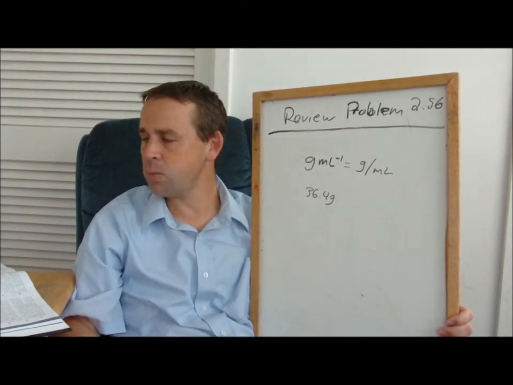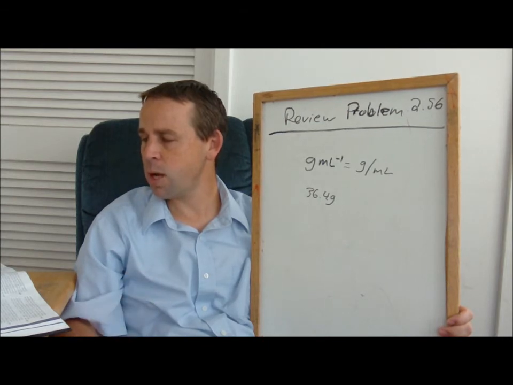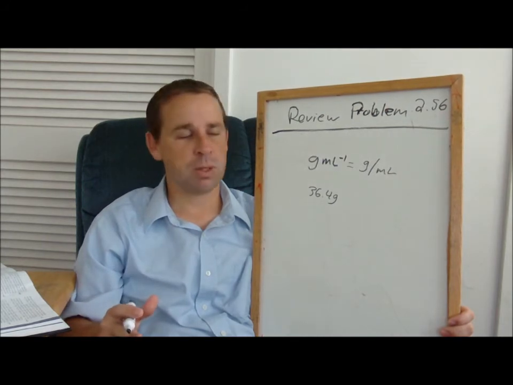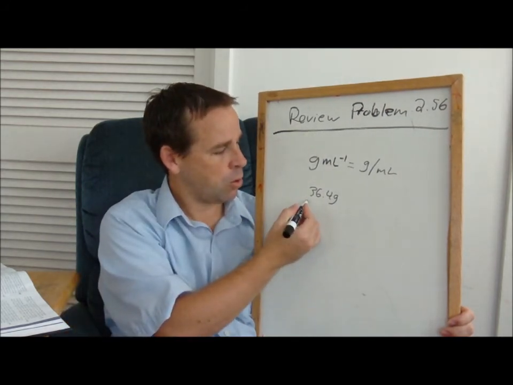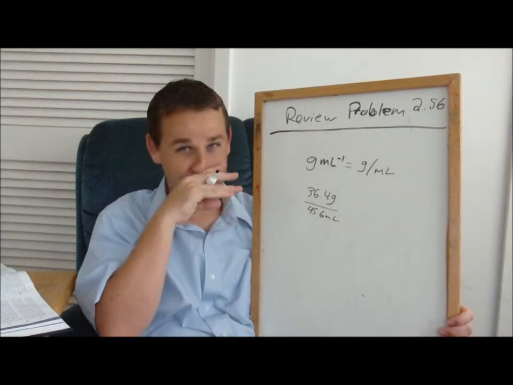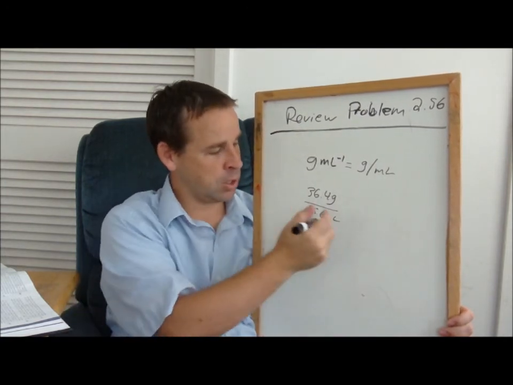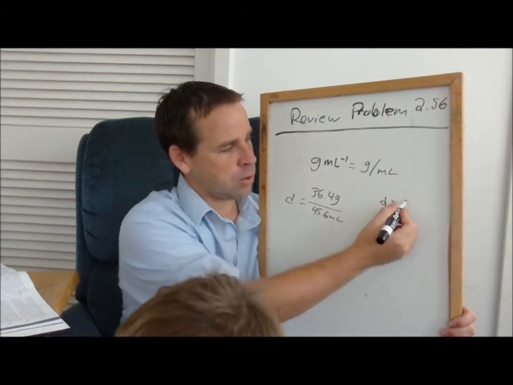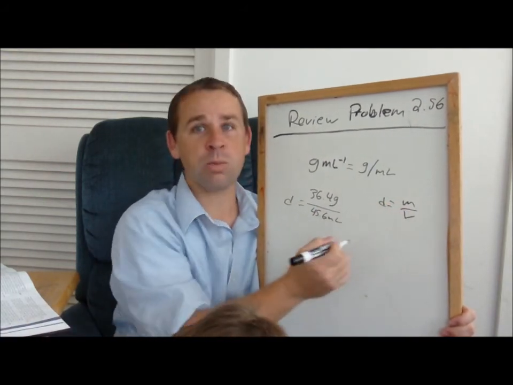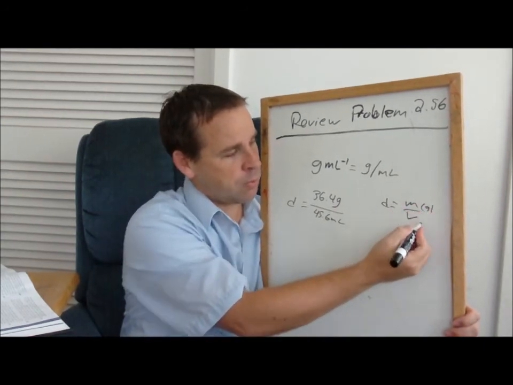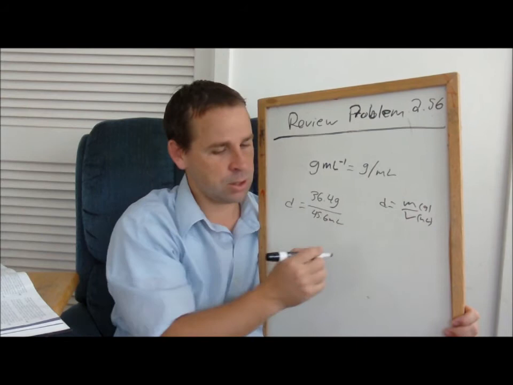A sample of kerosene with a mass of 36.4 grams. Its volume was measured to be 45.6 milliliters. So 36.4 divided by 45.6 milliliters is going to give us our density, because density equals mass over volume, and mass is in units of grams, volume can be in units of milliliters.